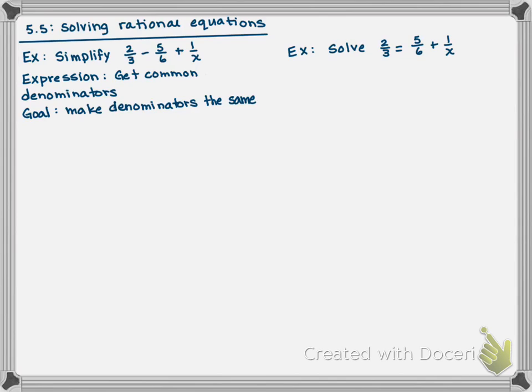So in this case, my LCD is going to be 6x, right? I need a factor of 3 from that first denominator, a factor of 2 to get 6 for the second denominator, and then a factor of x from the third one.